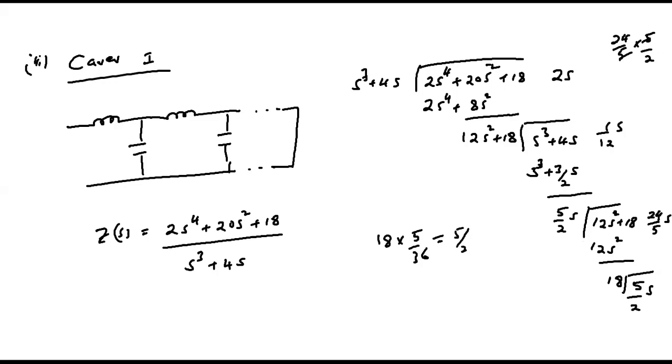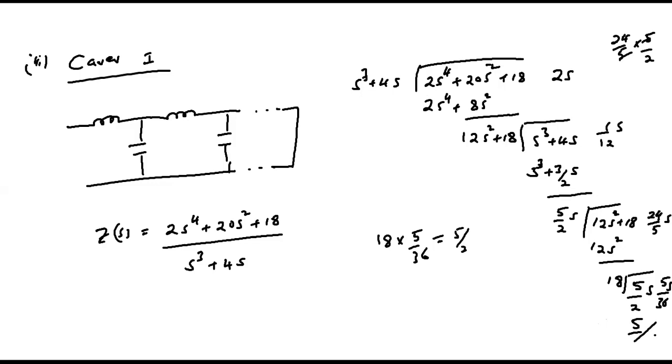So this term here will be 5 over 36S, and that gives us 5 over 2S, and the difference, as you can see, will be 0. Through that, then we're able to write the partial parts.